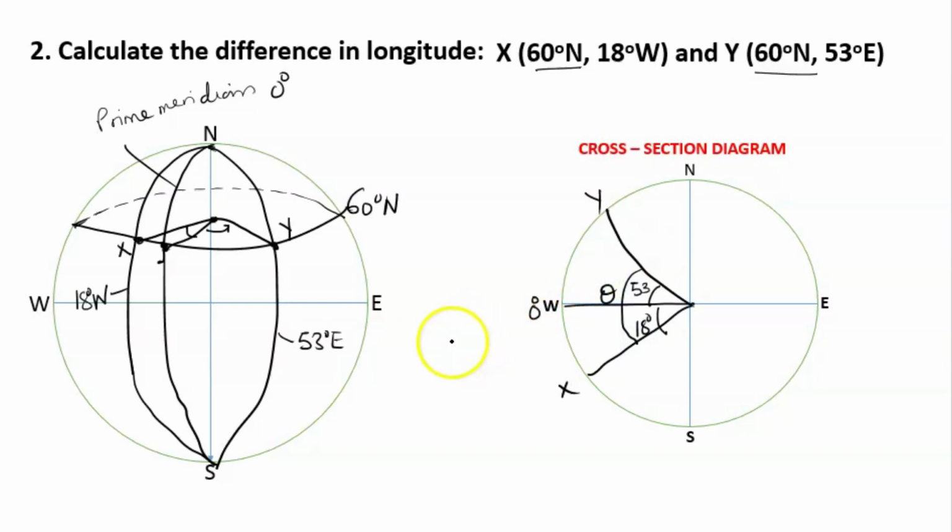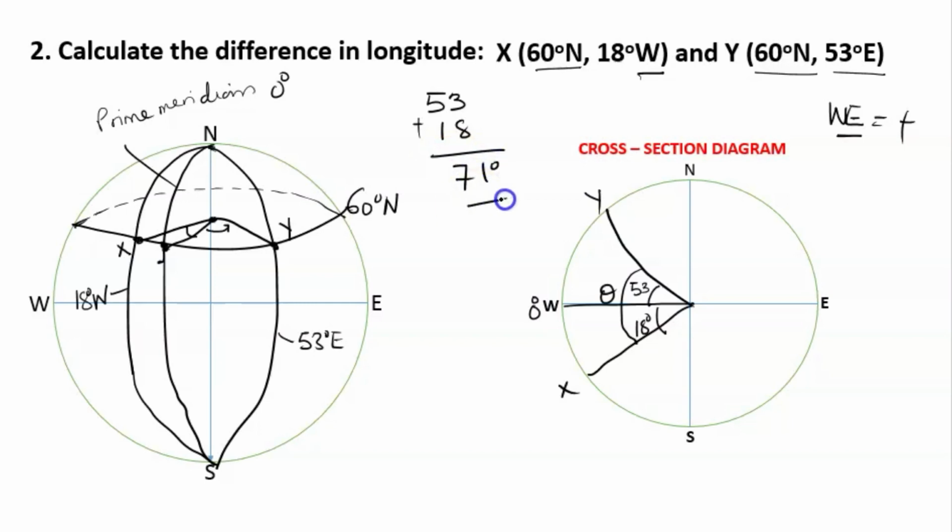So what do we do next? We begin to check. This is the varied longitude. We have 18 degrees west and 53 degrees east. So the letters are not the same. One is towards the west, one is towards the east. From the rule I gave earlier, whenever you have two letters that are not the same, we usually add them together. So the difference is going to be 53 added to 18. Because the letters are not the same, that's 1, this is 6, 7.